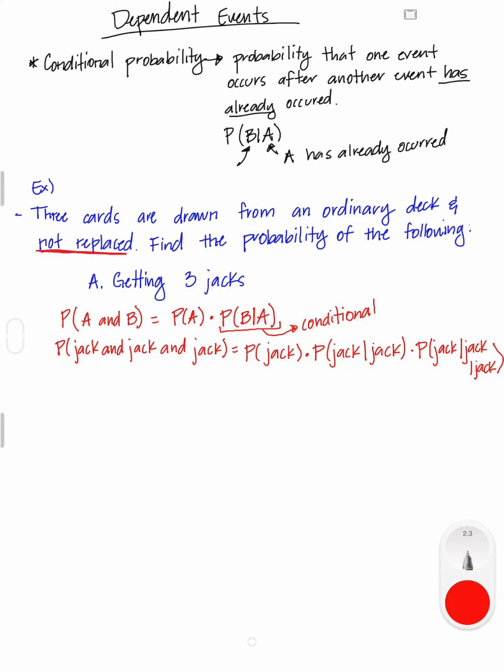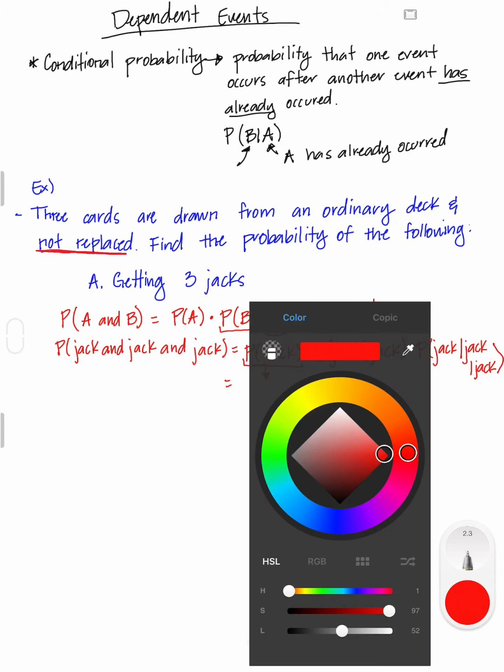So this looks a little bit weird because it's kind of long, but basically we're taking one jack out of the deck, and then that is on the side. So then we want to find the probability of getting another jack, right? When we had already gotten a jack, and then the third card, again, is being affected by the first two that were taken. So let's go ahead and start with the probability of getting the first jack, right?